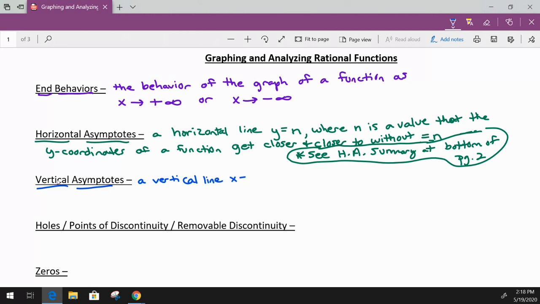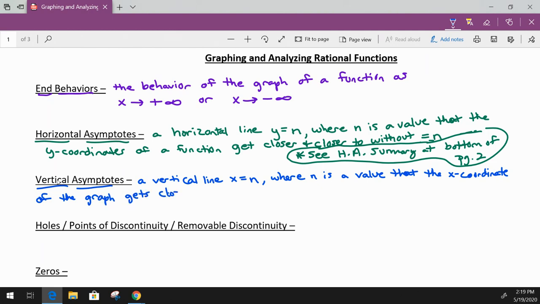Vertical lines are always x equals a number or some value, where that value is a value that the x-coordinate of the graph gets closer and closer to without equaling that number.